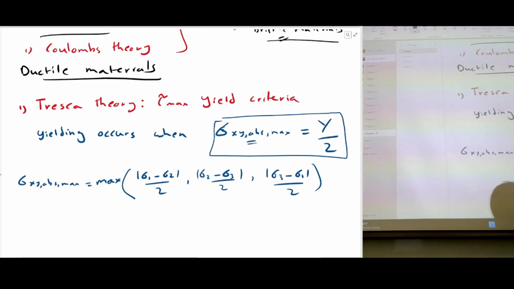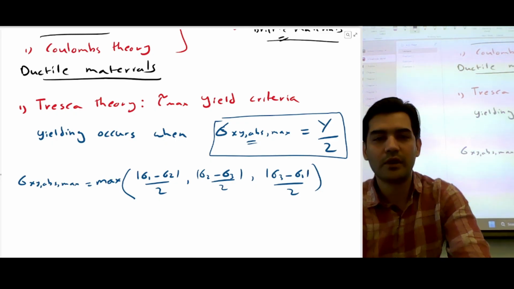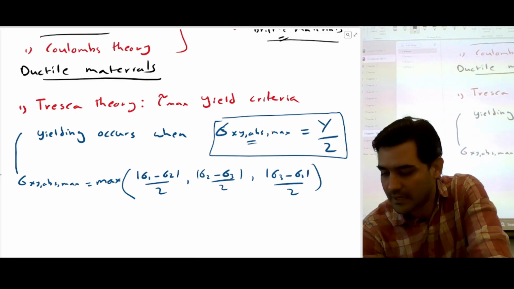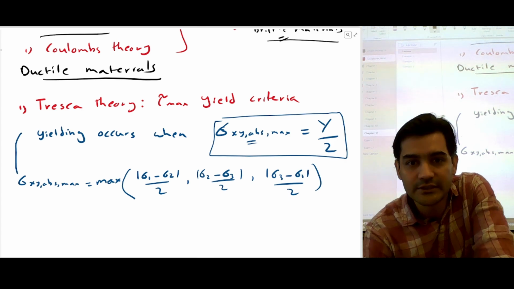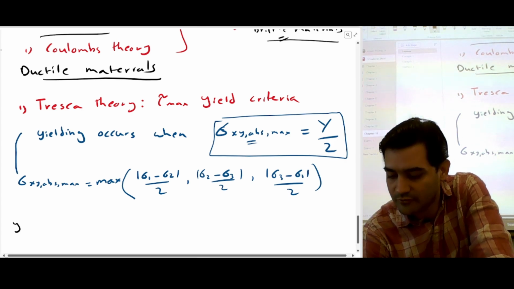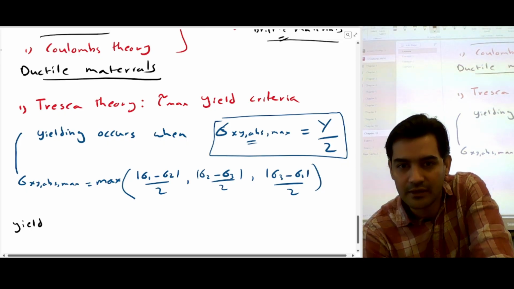These stresses we can extract from a stress element, right? So we can calculate this, and this is the material property, so we can figure out if the failure will happen or not. We can also simplify this by extracting a yield criteria. So maybe all you have to remember is this yield criteria.